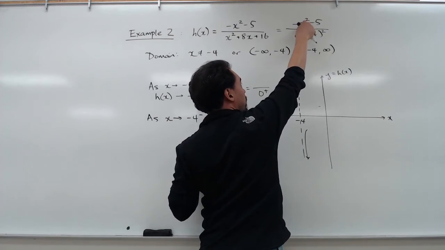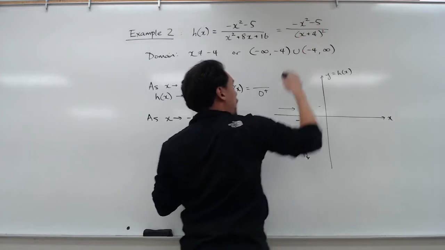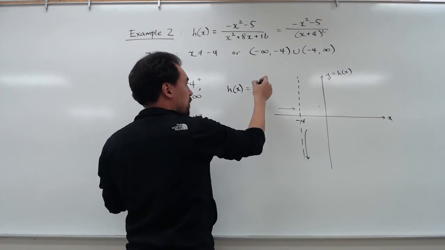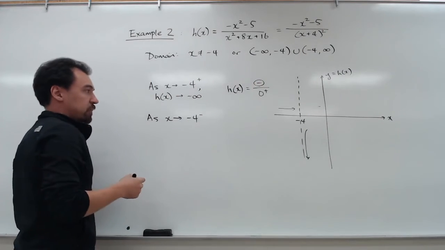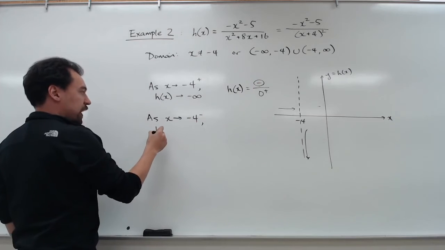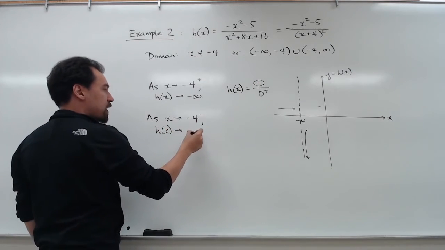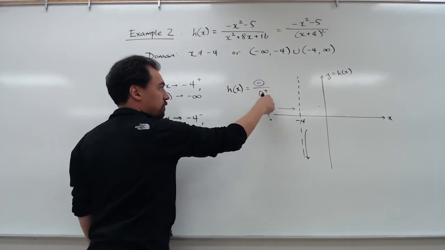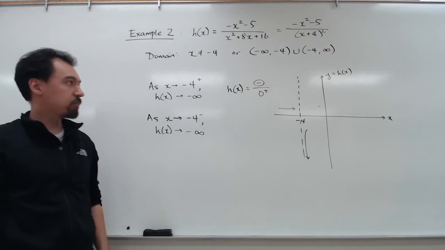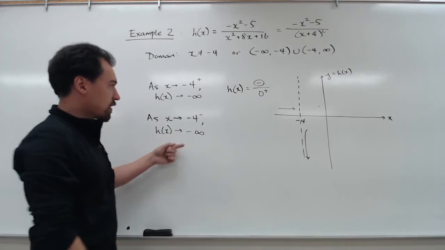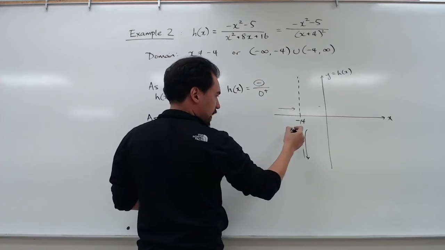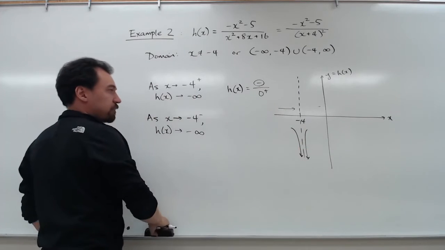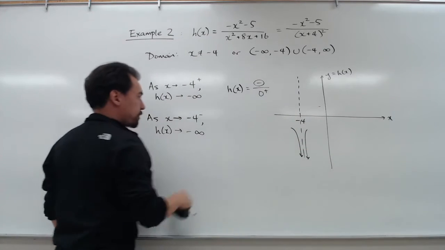I get close to 16, negative, and then minus 5 is close to negative 21. Once again, negative number. So I will argue that h of x approaches negative infinity because I have a negative number divided by something close to 0. Thus, as I approach from the left side, I'm going to go to negative infinity down that way.